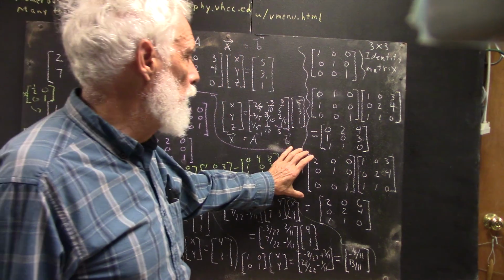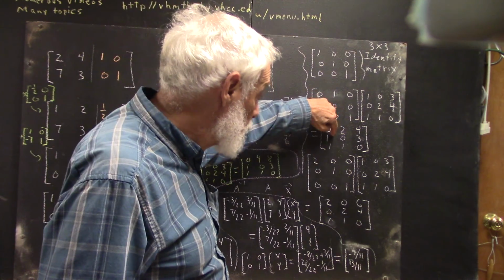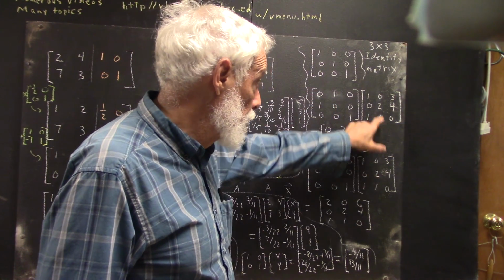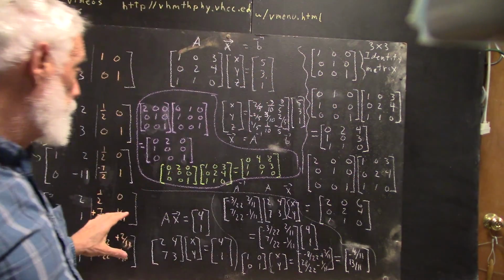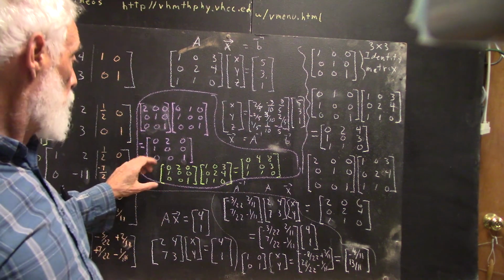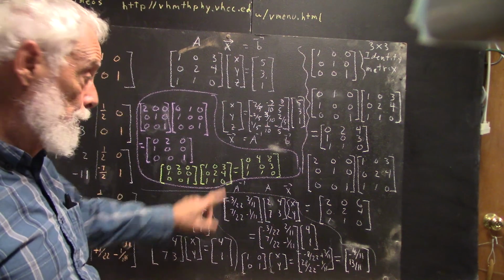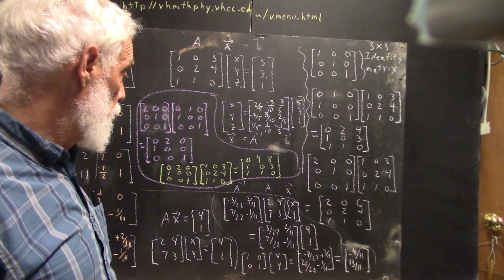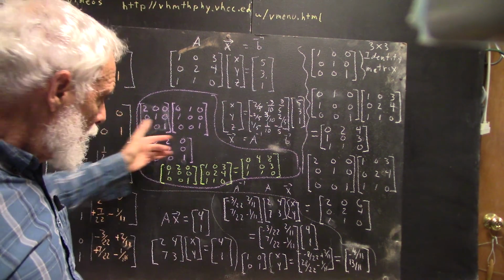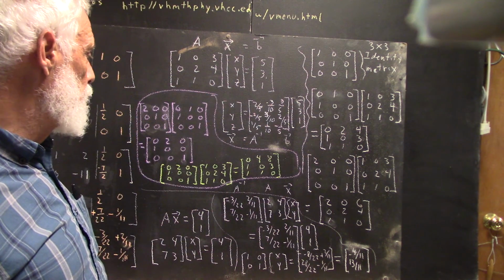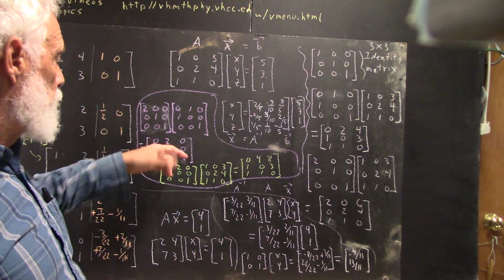Now, we didn't multiply this matrix by this matrix. We multiplied this matrix by this matrix over here, but over here we're multiplying the product of these two matrices by the original A matrix. Which means that the action of the product of these two matrices is to interchange the rows.